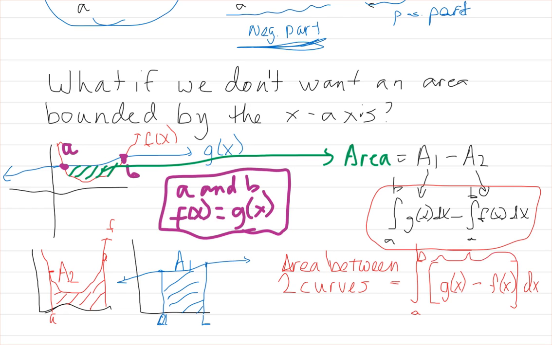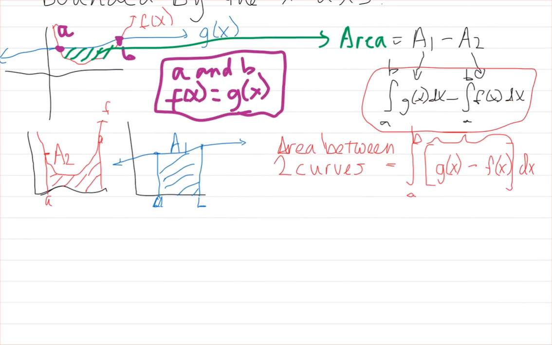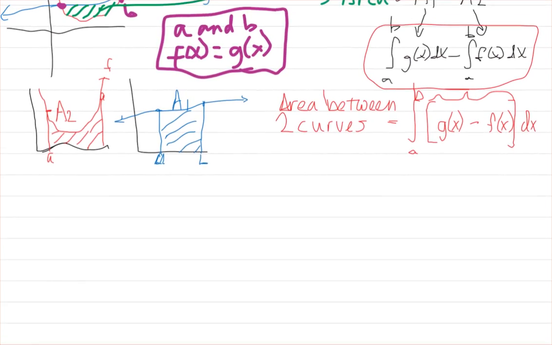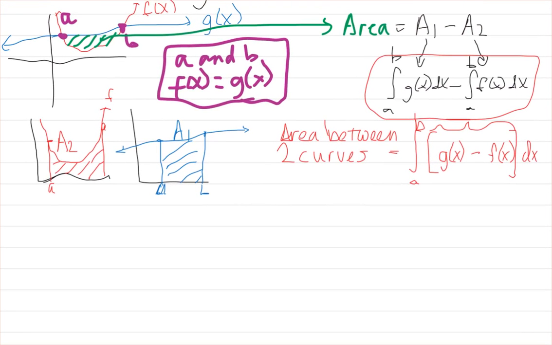And what that theorem tells me is, if I want to find the area between two curves, I can always, let me stress that enough, always find it by finding the two integrals and subtracting them. But there are a couple of hints. And the first one I already wrote in purple, which is A and B, those limits of integration have to be where the two functions meet.